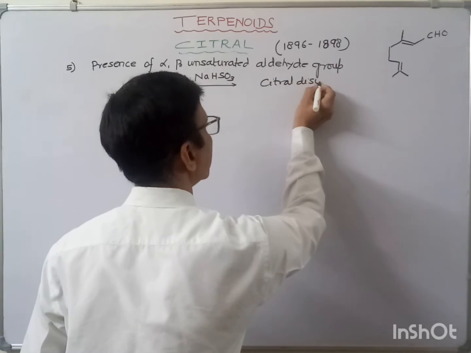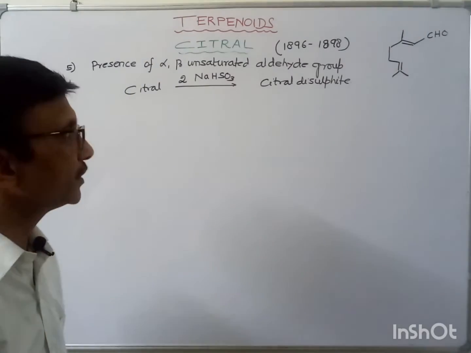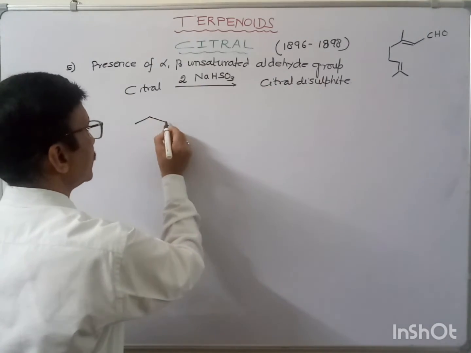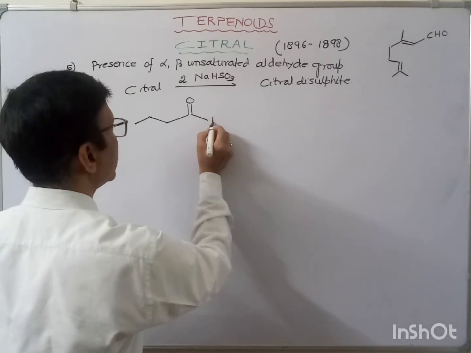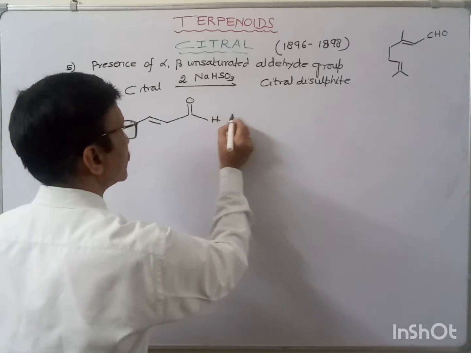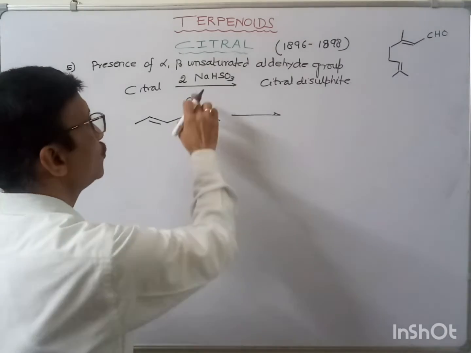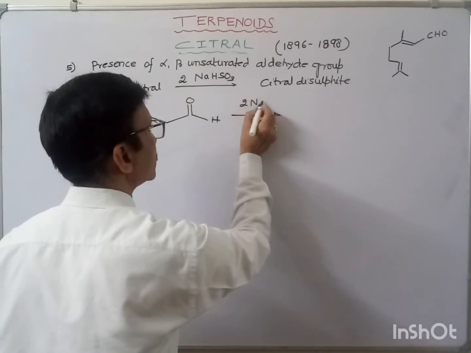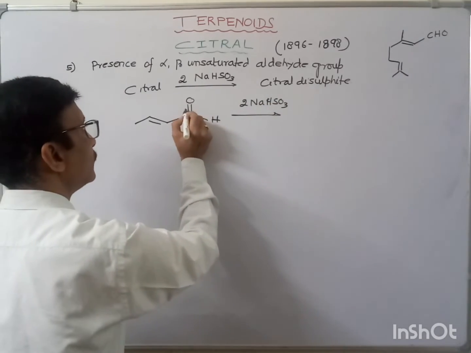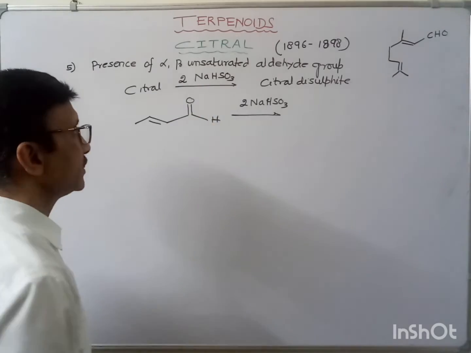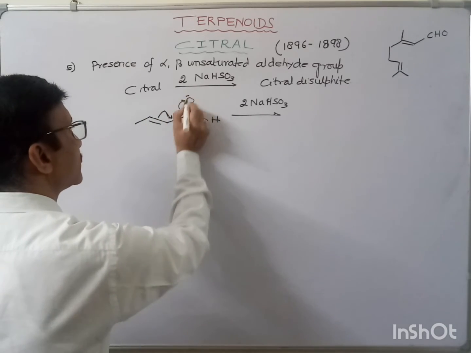Citral disulfide was formed. If we have this alpha beta unsaturated aldehyde, then this molecule will react with 2 molecules of sodium bisulfite. One molecule will attach over this C double bond O, and another molecule will attach over the double bond, this is minus and this is plus.